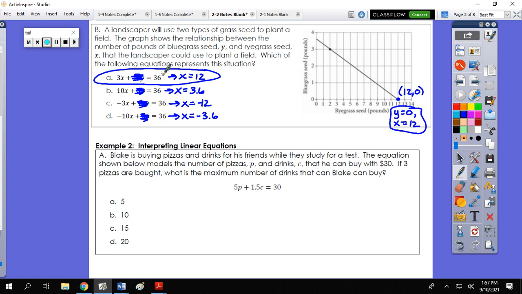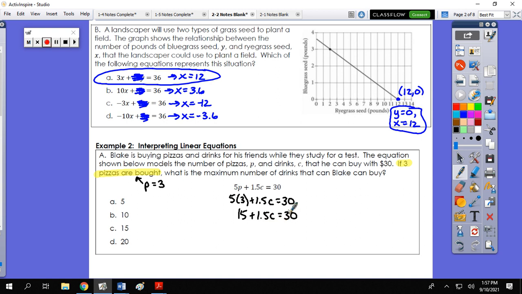If 3 pizzas are bought, what is the maximum number of drinks that Blake can buy? So right here where it says, if 3 pizzas are bought, that is telling us that our P value for pizza is 3. So the first thing we should do is plug in 3 for pizza and simplify the equation.